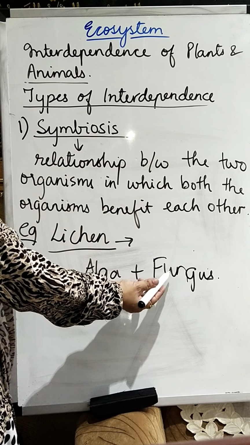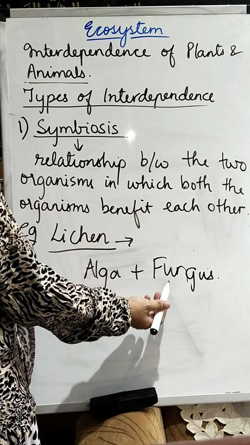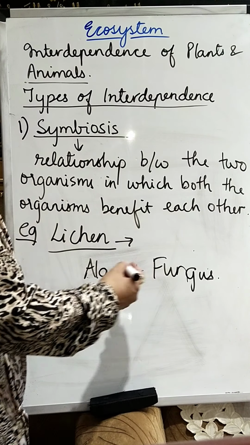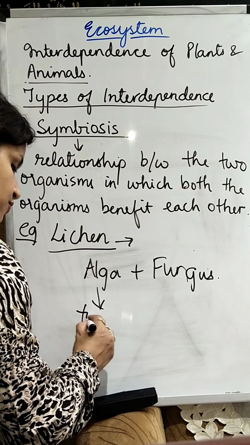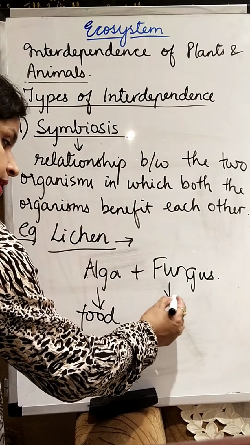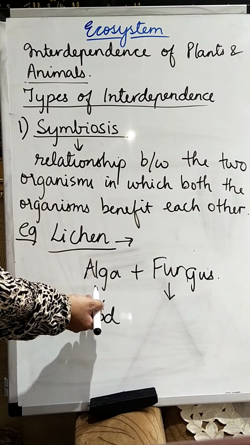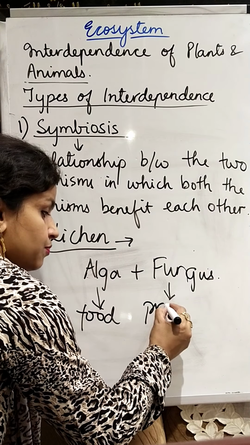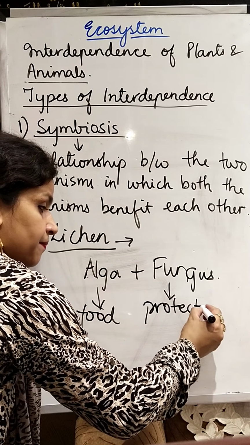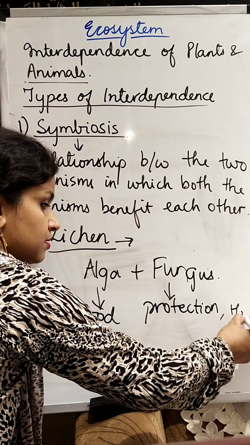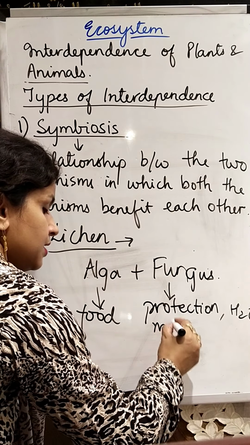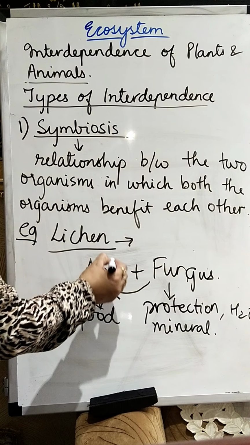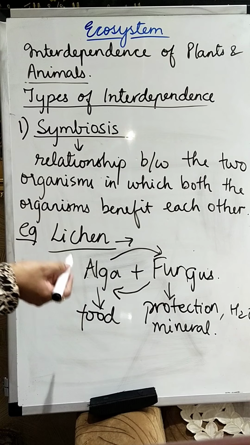Here, the fungus provides protection, water, and minerals to the alga, and in return, the alga provides food to the fungus. So in this way, they are helpful for each other.